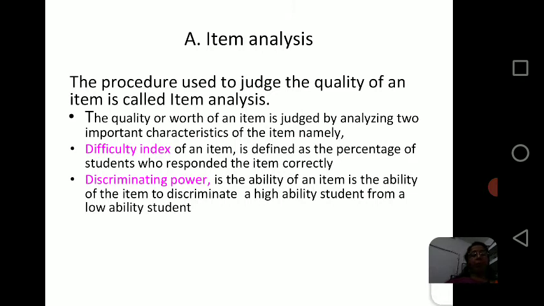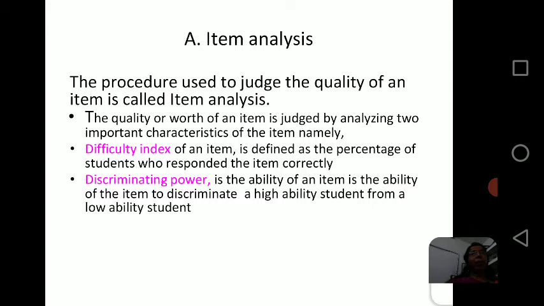What is meant by difficulty index? Let us see. Difficulty index of an item is defined as the percentage of students who responded the item correctly. Difficulty index means the percentage of students who responded the item correctly. And discriminating power of the item is the ability of an item to discriminate a high ability student from a low ability student.